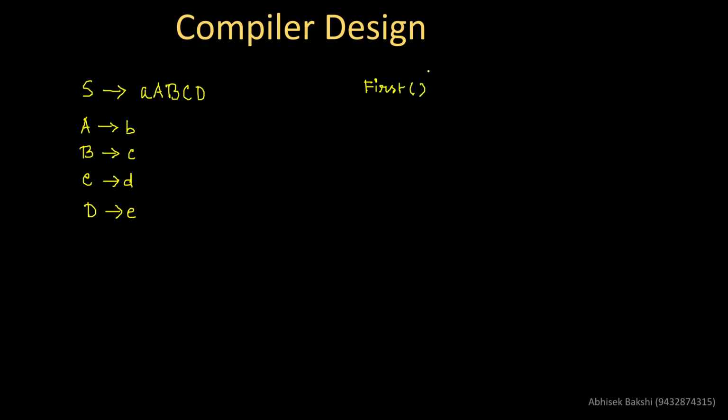When we derive a particular production rule, what is the first character that comes in the process of derivation?